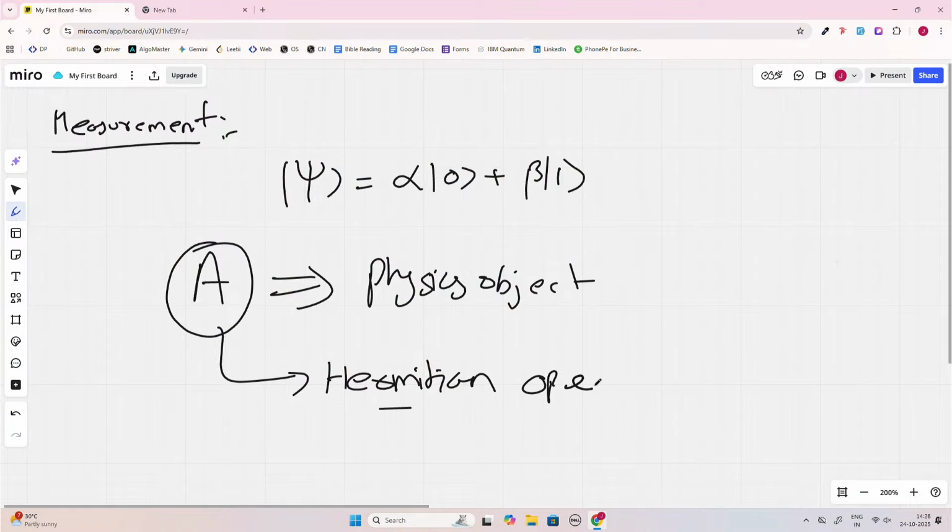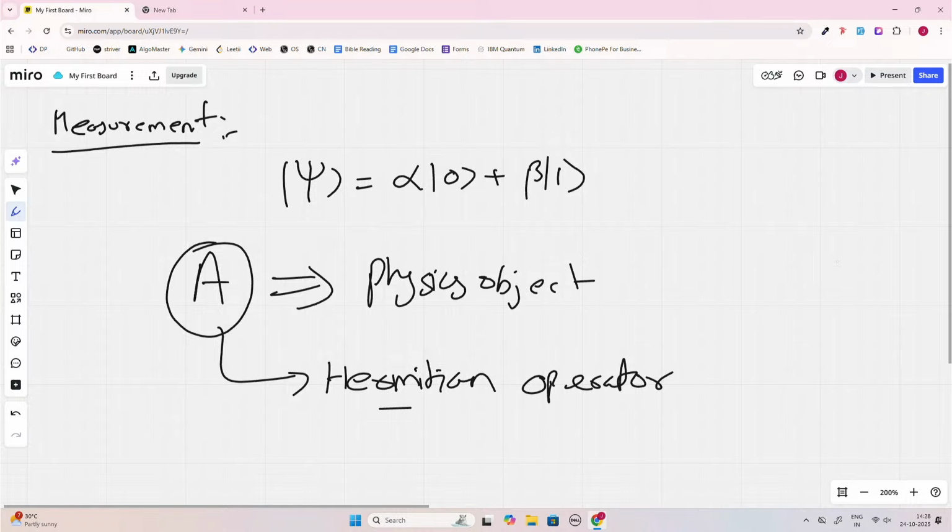And the second thing, that measurable quantity or that physics quantity which I'm taking will be in the form of a Hermitian operator. That is the second point. First point: a measurable can be shown as a physics object or physics operator, and that physics operator can be shown as a Hermitian operator.